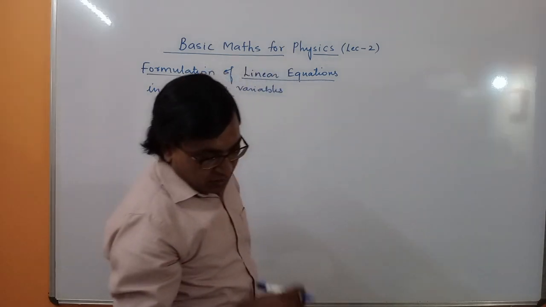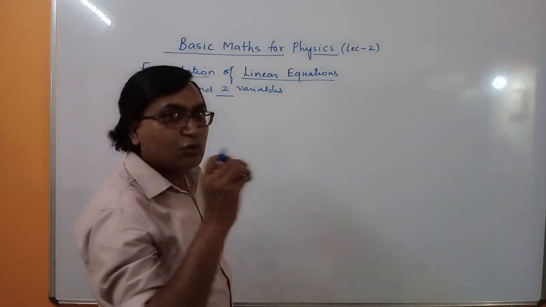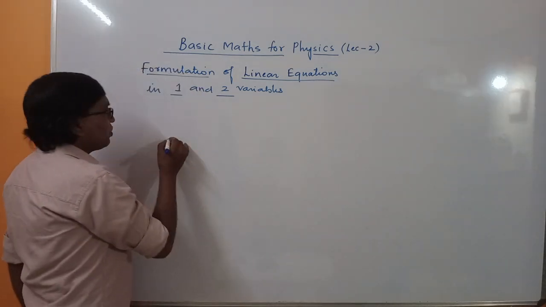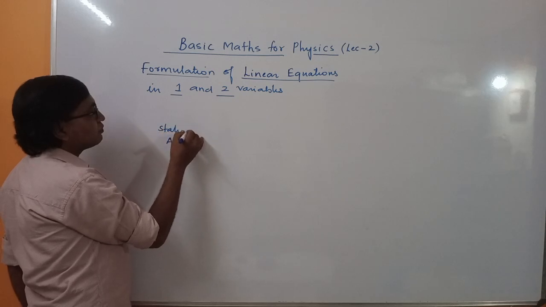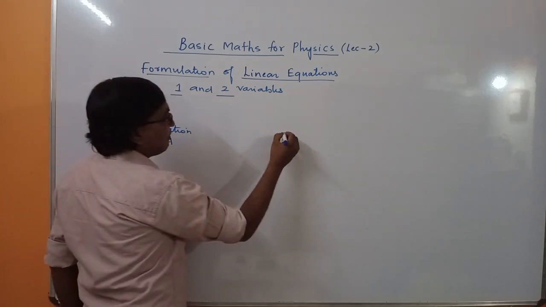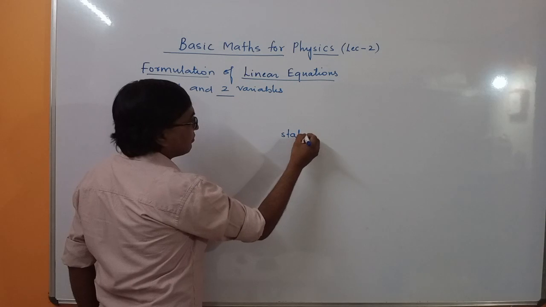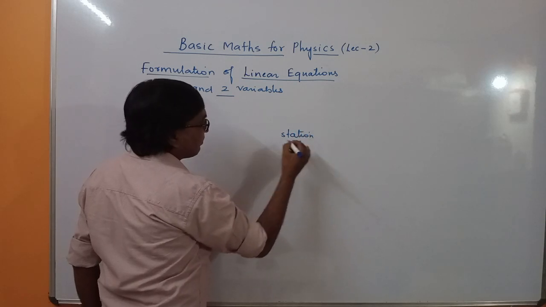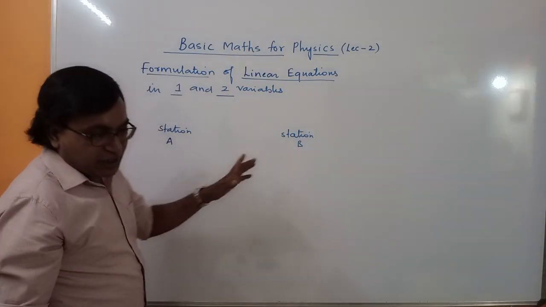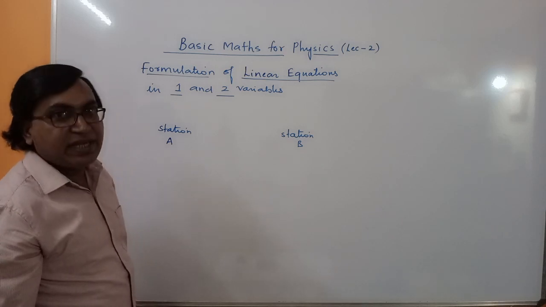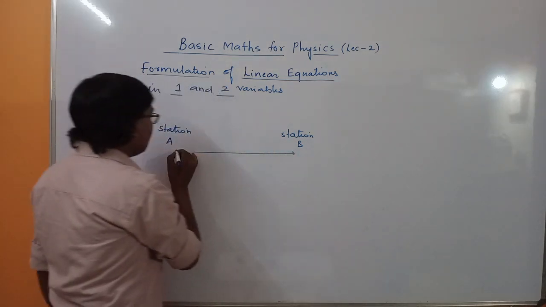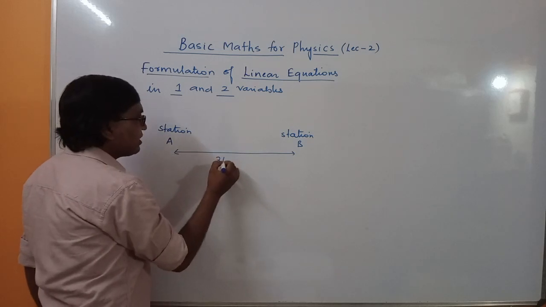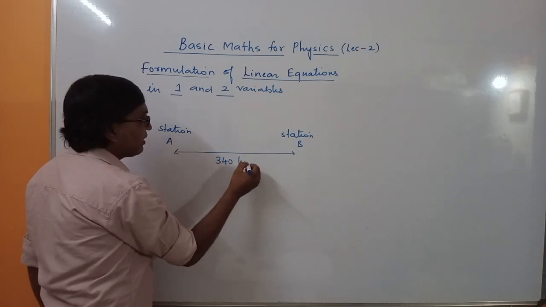Okay, so now there are two stations, station A and another station B. The distance between these stations is 340 kilometers.